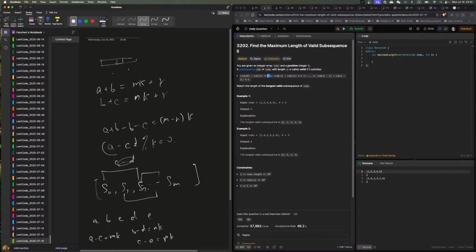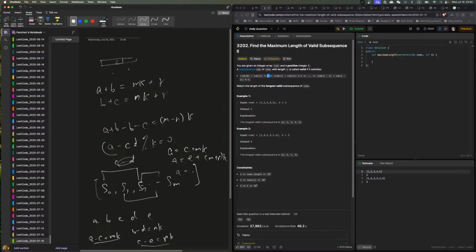So if A minus C is this, so we can say A equal to C plus MK, right? And we do this, we can say, we add this part and this part, we can say A is equal to E plus, M plus PK, right?